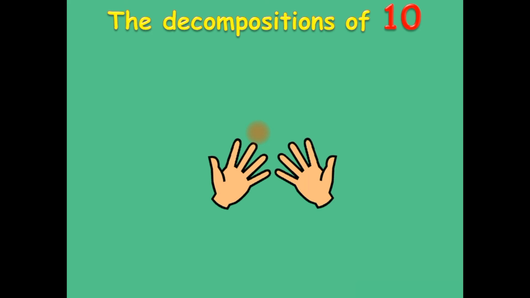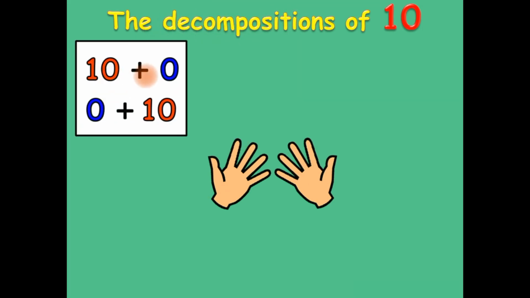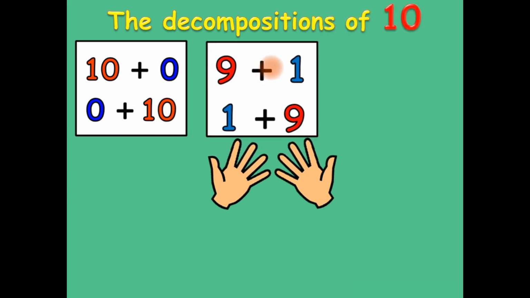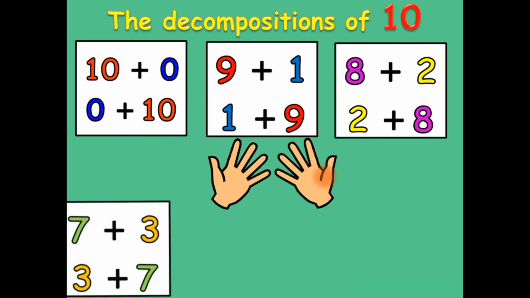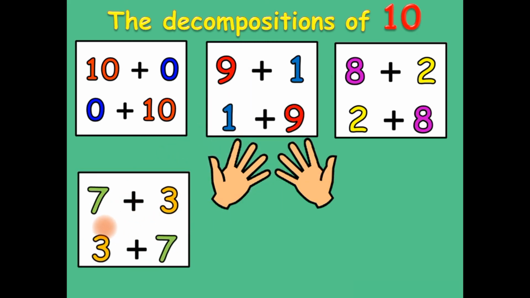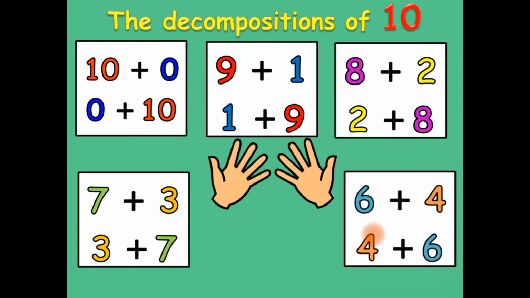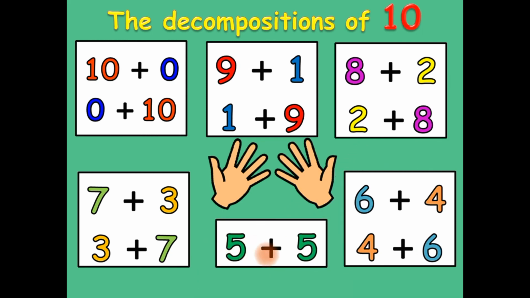Now, we can find the fact families of 10 by putting them on your fingers. 10 plus 0 and 0 plus 10 equals 10. 9 plus 1 and 1 plus 9. 8 plus 2, 2 plus 8. 7 plus 3, 3 plus 7. 6 plus 4, 4 plus 6, and finally 5 plus 5. We should memorize the decomposition of 10 by heart.